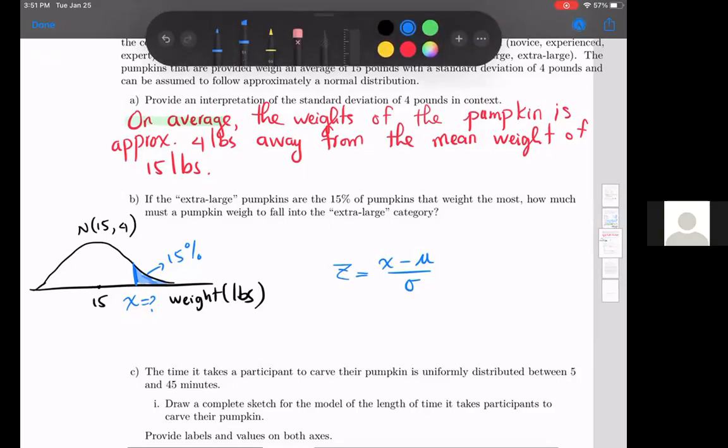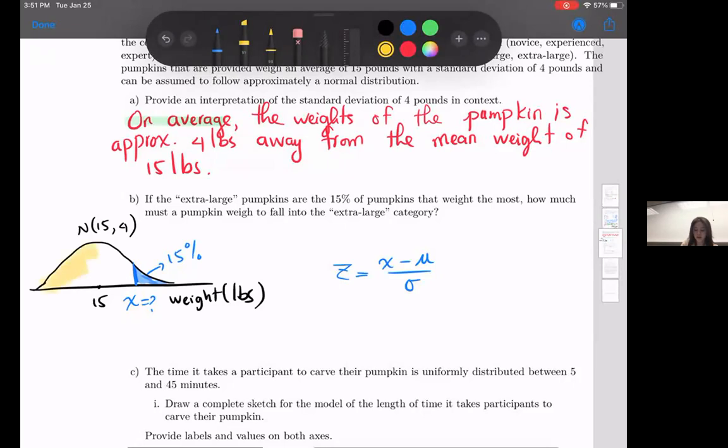You can look at the Z table. A Z table of what percentage, or what percentile? It would be the 85th percentile. Would it be for 0.15? No, I use 0.85. Why 0.85?